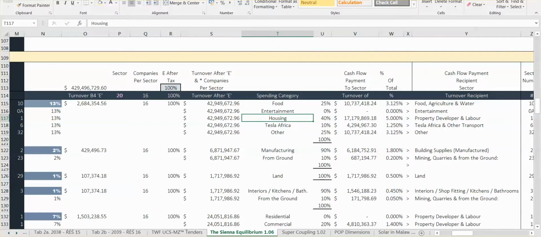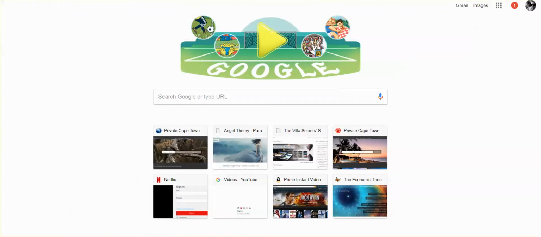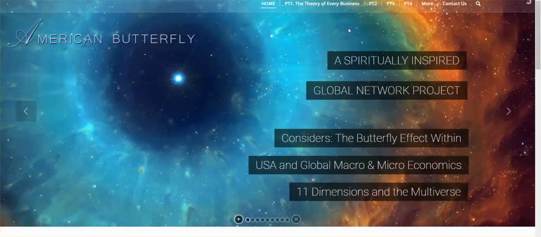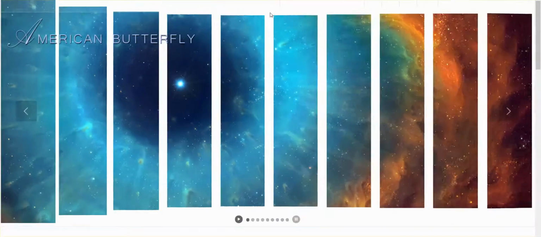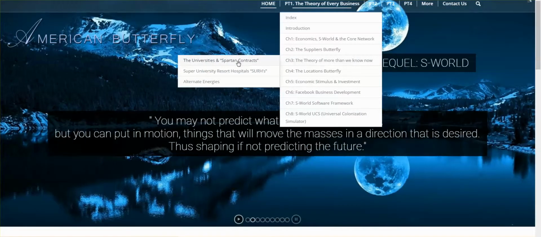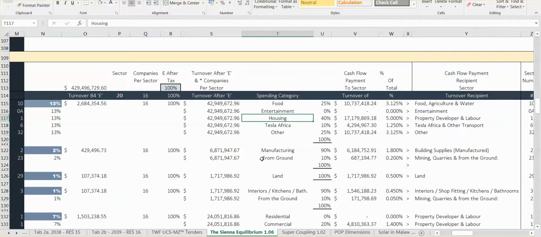And we can see the Spartan contracts go all the way back to American Butterfly, and the theory of more than we know now, Spartan Contracts. Basically, it's a 16-year contract between the personnel and S-World that we build them a house over 16 years or sooner, and at the end of the 16 years they keep the house.